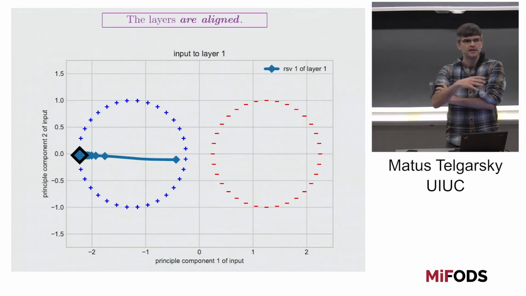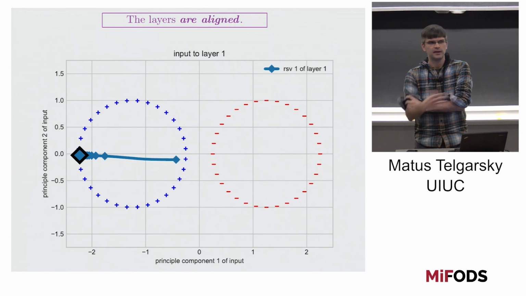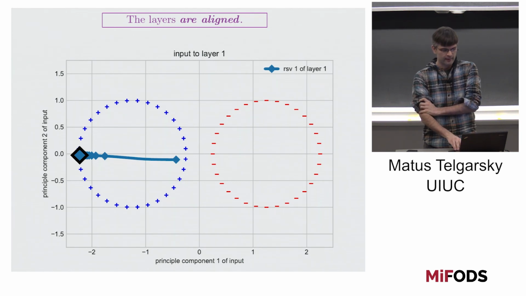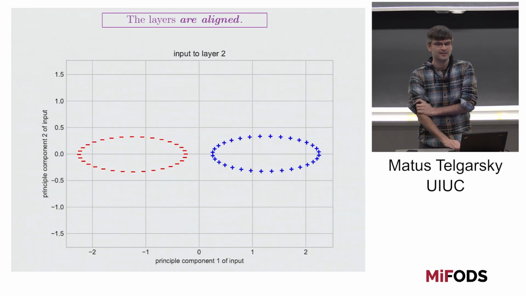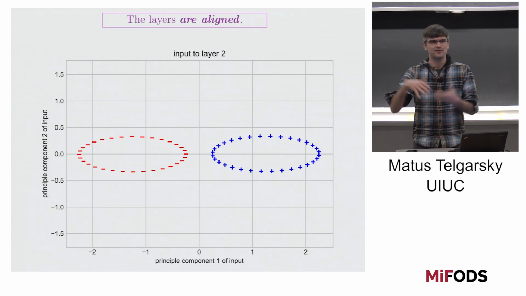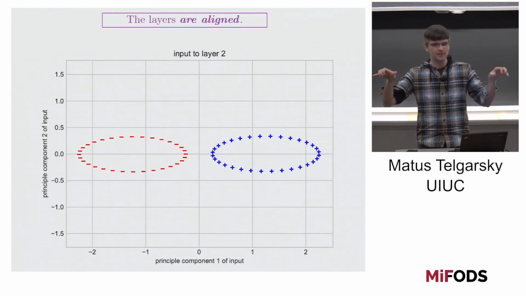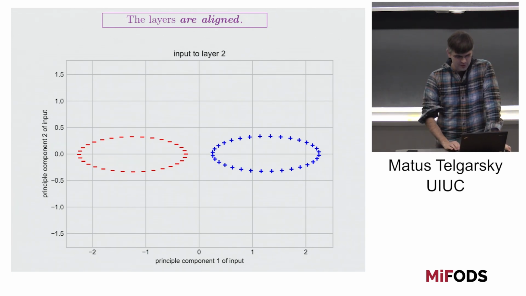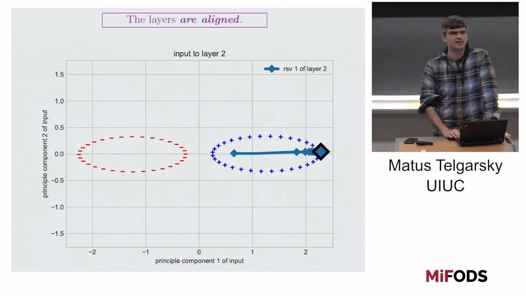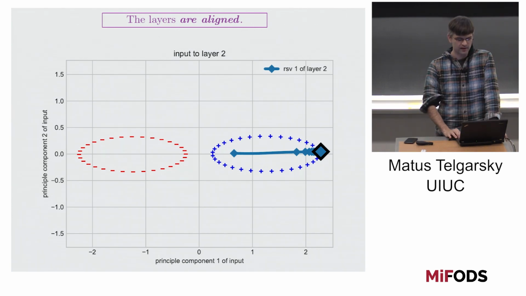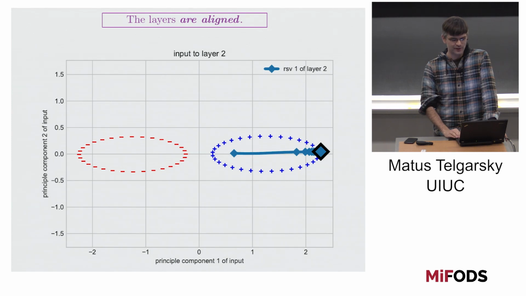Now if I map the data through the first layer, it looks like this. It squashes it because it's already doing margin maximization. It's projecting it onto asymptotically a one-dimensional problem. And this one also learns the max margin predictor for that layer. And this is consistent with what I was saying here. So it's learning a max margin predictor at every single layer.